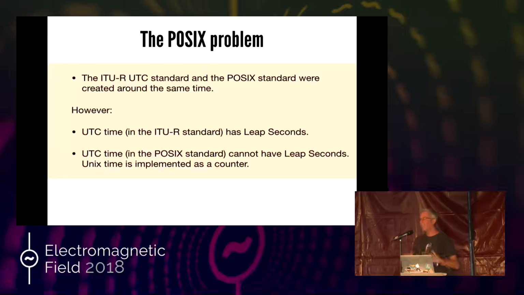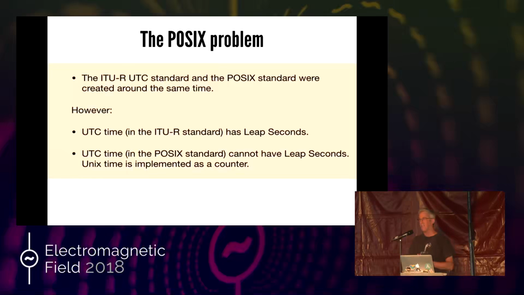When we talk about UTC, we really should define it a little bit tighter. In terms of the specification, what UTC is defined as for the telecom spec, it has leap seconds. But the two standards, the standard for Unix, the POSIX standard, was being developed around the same kind of time as the UTC standard, and they took different approaches on how they would manage it.